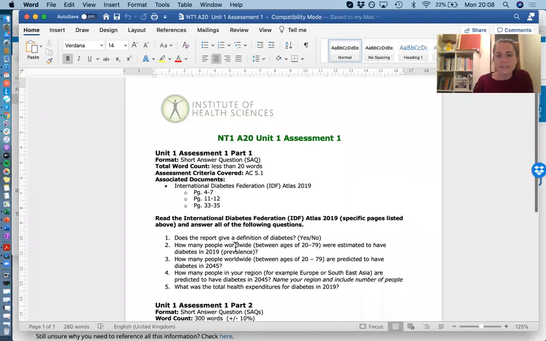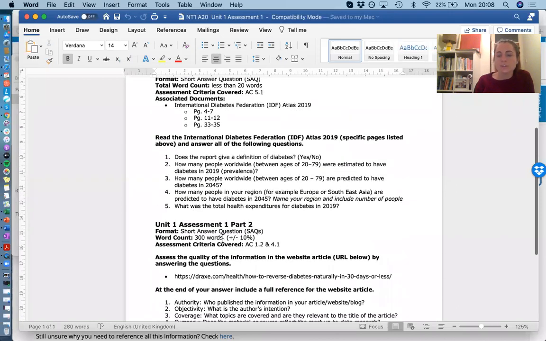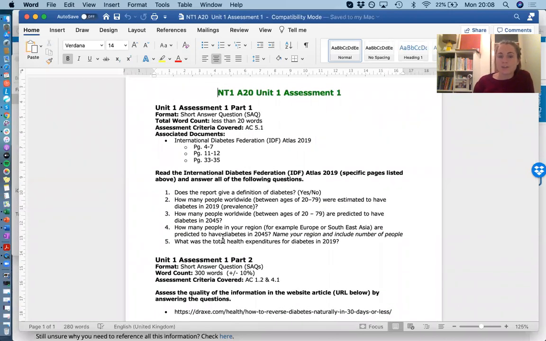You've got part 1 here and part 2, and they're both short answer questions. One of them is very short, less than 20 words. All we want you to do is read these pages of the International Diabetes Federation, the IDF, an organization, their atlas, and answer these questions.